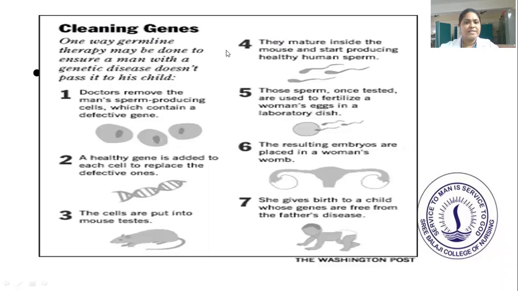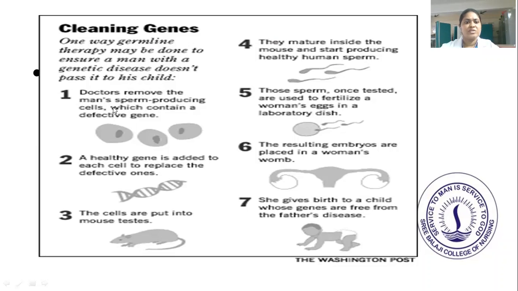And here you can see how we can cleanse the genes through germline therapy. One way germline therapy may be done is to ensure that a man with a genetic disease doesn't pass it on to his child. So how can we do this?